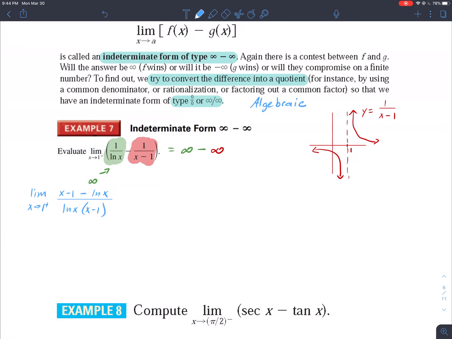And now, if x is approaching 1, I can just use direct substitution. If x approaches 1, I get 1 minus 1 minus ln of 1. Well, ln of 1 is 0, right? So I have 0 on the top.